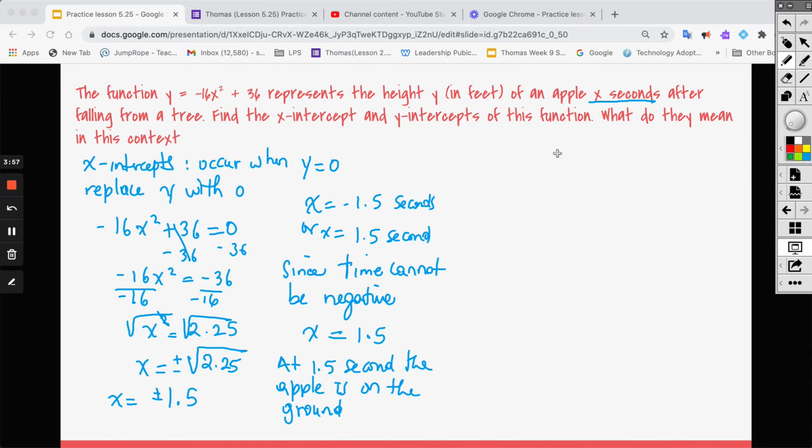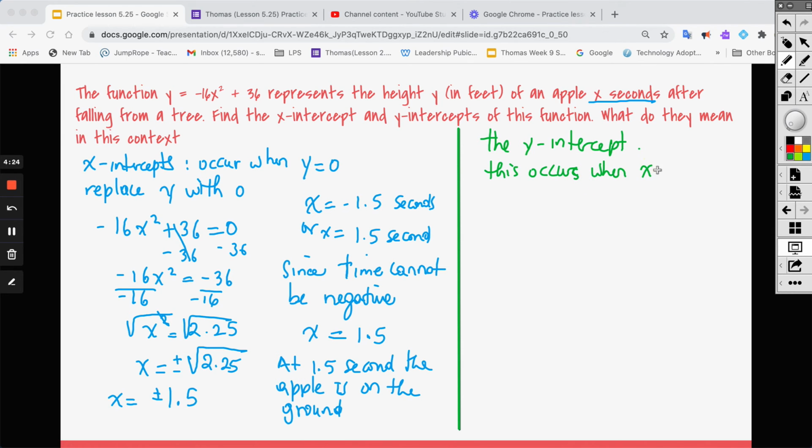Next, we're going to find the y-intercept. So now, the y-intercept occurs when x is equal to 0.